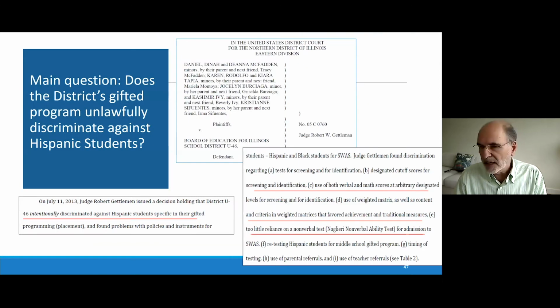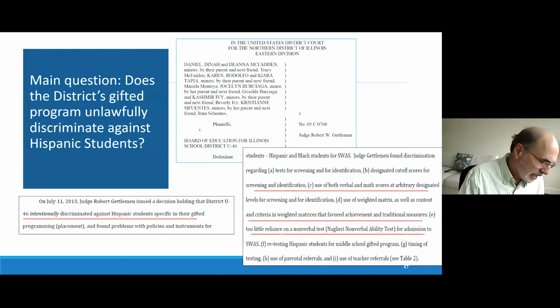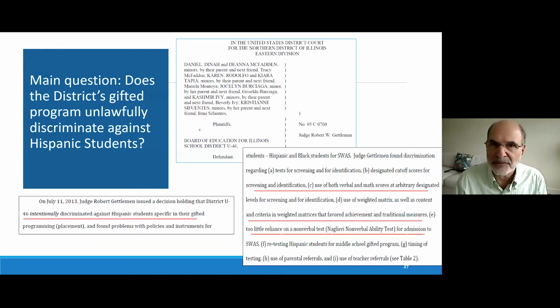Now, I'll tell you just quickly, there's an important court case that school psychologists don't know about because it has to do with gifted. But I think it has tremendous implications for us. So you don't need to read all this stuff. I'm going to tell you what it's about.